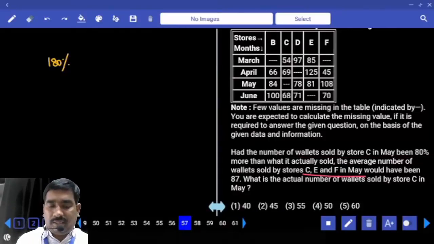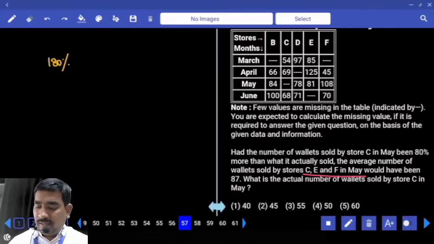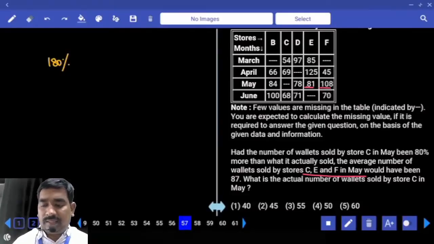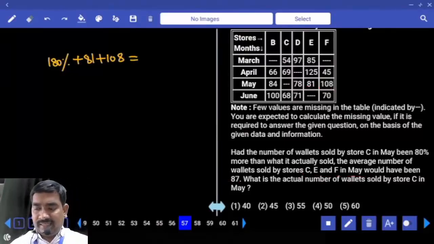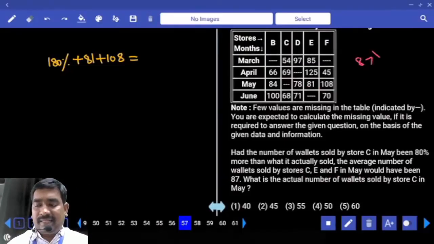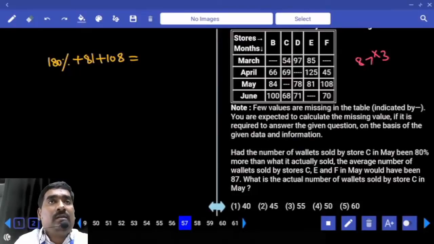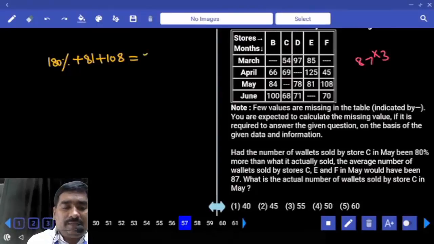Then the average of C, E, F in May. In May, I assume C at 180%. E is 81, F is 108. The average of these three stores is given as 87. Average 87 means the total is 87 into 3. What is 87 into 3? 261.